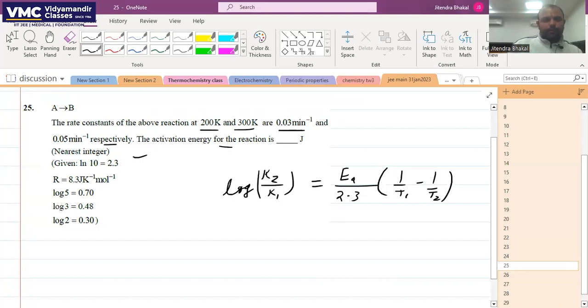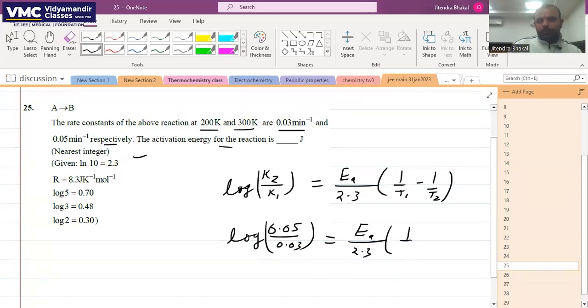Okay. So when we put the value, because all the values are given here, log K2 is let's say 0.05 and K1 is 0.03 is equals to EA upon 2.3 into 1 upon 200 minus 1 upon 300.